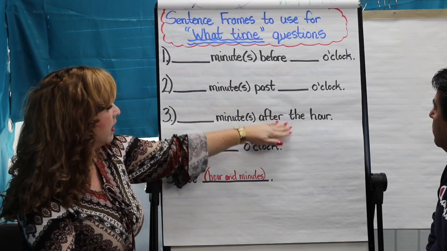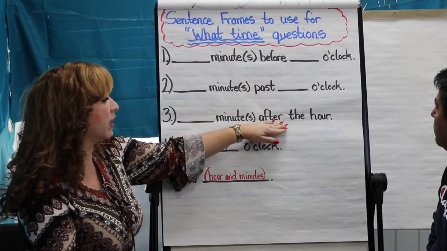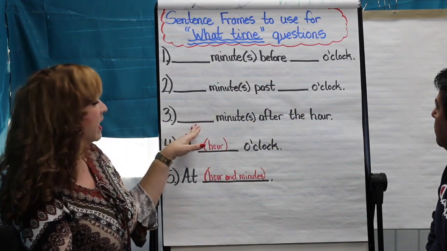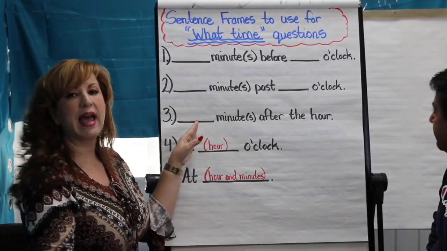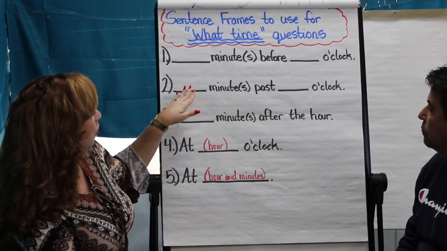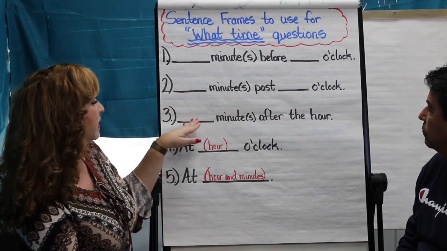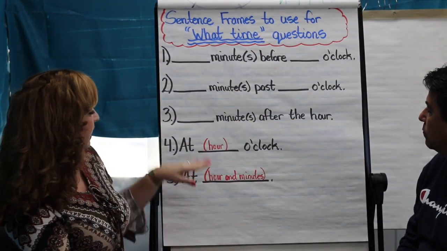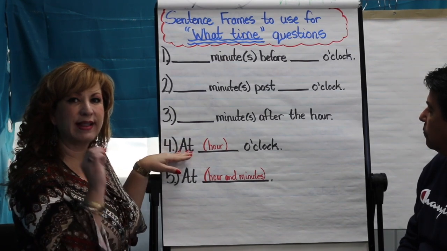So this one is very similar to the second sentence frame, because they're talking about after the hour. So again, if it's 10 minutes after the hour, assuming that we know what the hour is, if it's 1 o'clock, here you could say 10 minutes past 1 o'clock, or we could say 10 minutes after the hour.